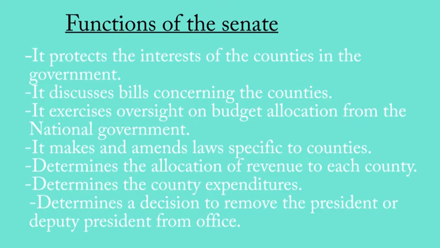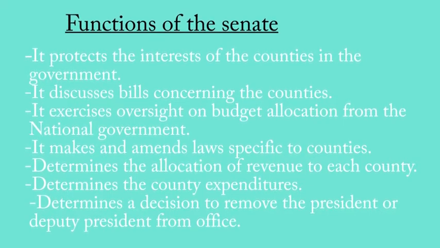Another one: it makes and amends laws specific to counties. The other one determines the allocation of revenue to each county. Then it determines the county expenditure: how do they do their work, and how have they done their expenditure?